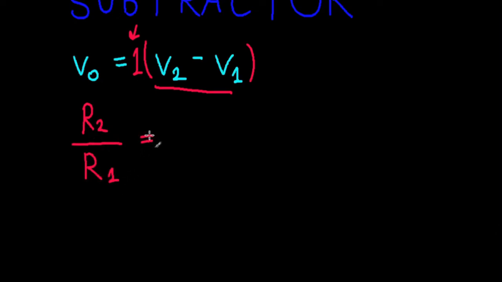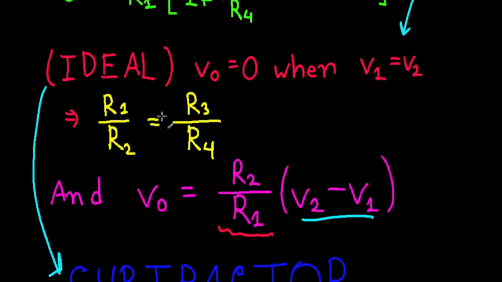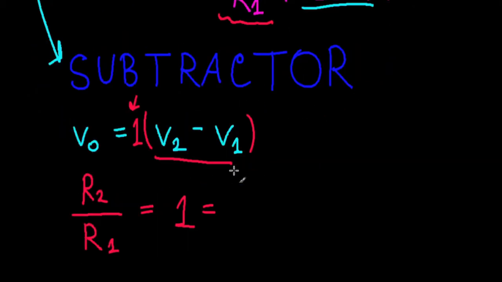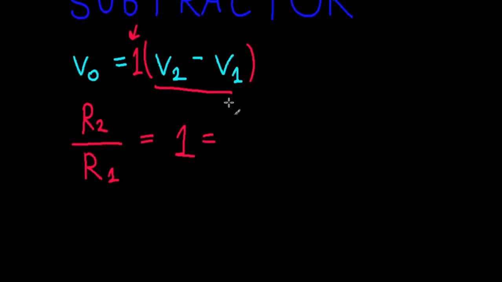I also said that R2 by R1 is equal to R3 by R4 for the ideal differential amplifier, and the subtractor is a special case of this one, so this needs to be equal to R3 by R4.